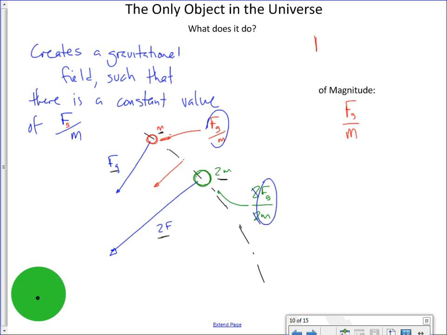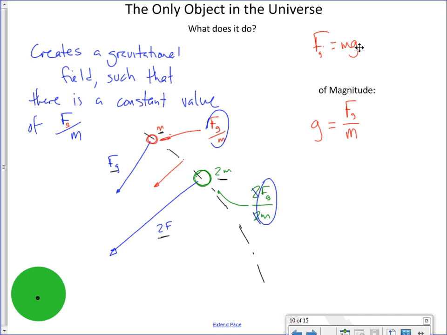And that equation is this, with the subscript here, right? Gravitational force is mg. So that means that F divided by m, well, that's g. Wait a minute. I thought g here was gravitational acceleration. Well, notice what else it is.